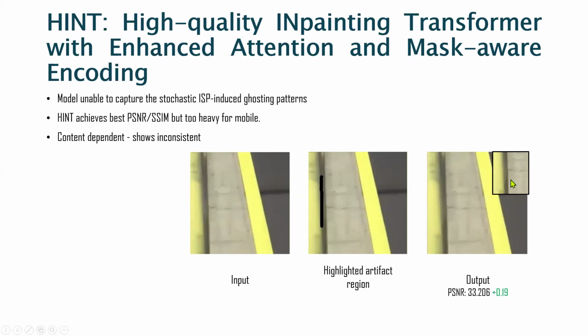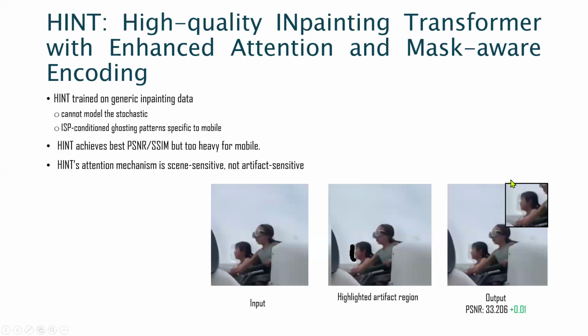It has removed that, but in this part, where we specifically highlighted the mask, it could be removed from there, but it still was not able to address it, because it cannot model the stochastic drop-down, and the ISP conditions for the ghosting patterns are not specific to mobile.